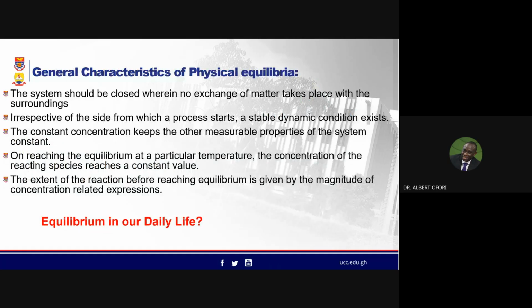So if you are looking at the general features when it comes to physical equilibrium, for every physical equilibrium, there's no way there's going to be an exchange of the matter involved with its surroundings. Once there is any loss, there's no way it will be stable, or in equilibrium. So we should note that.